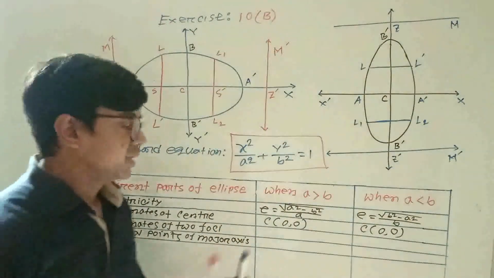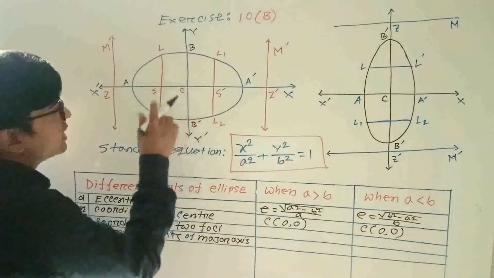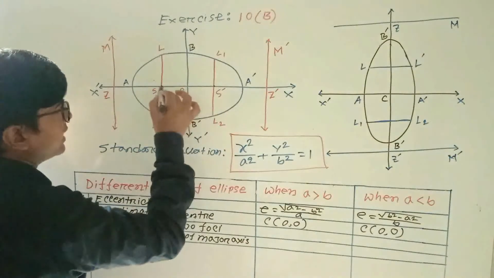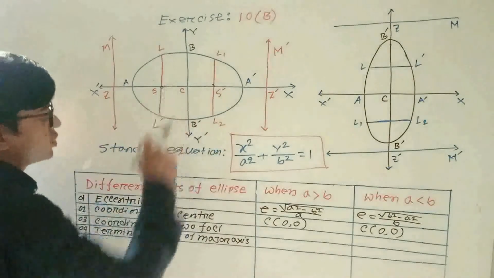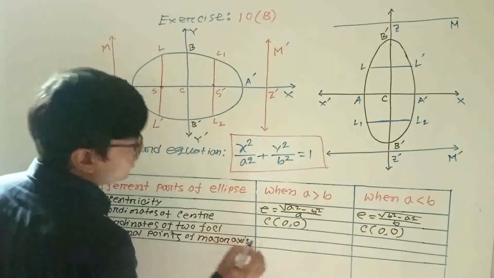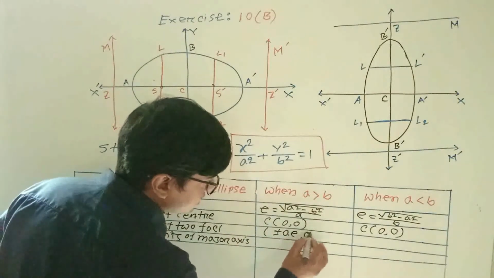And now the coordinates of the two foci. For this figure, S and S prime are the two foci. So the formula of foci is plus minus AE, 0.